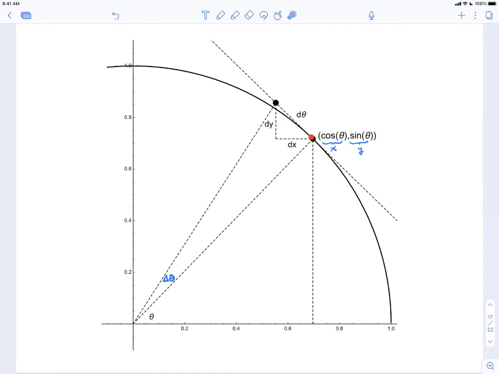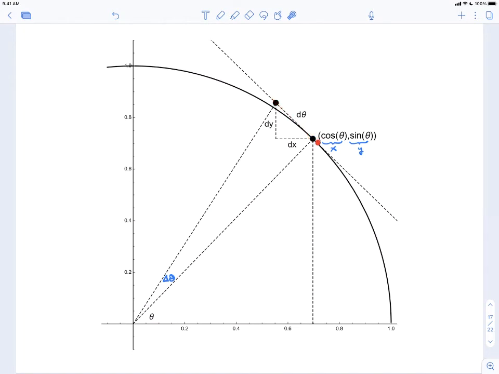So this circular arc length is delta theta. Now, if we just imagine this tangent line here between these 2 points, we'll call that d theta. D theta is our best linear approximation of delta theta.